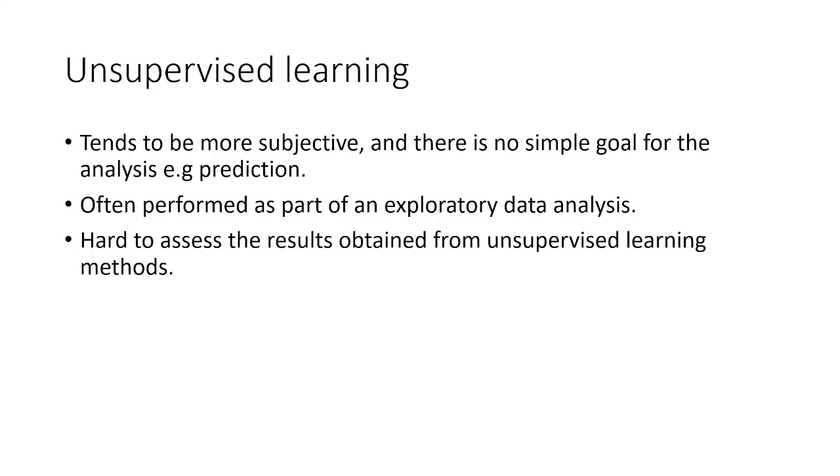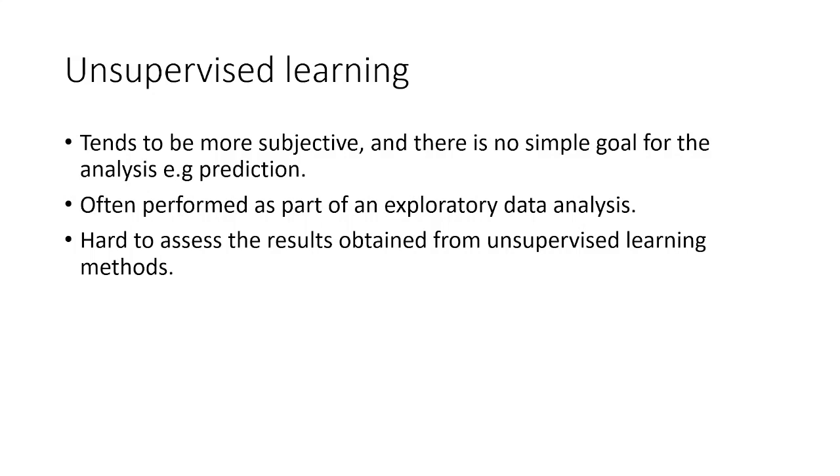So you can compare one model to another and see the performance of the models. But in unsupervised learning, there's really no way of telling whether one model is better than another, because we are not predicting anything. We're just discovering patterns, and then we look at those patterns.